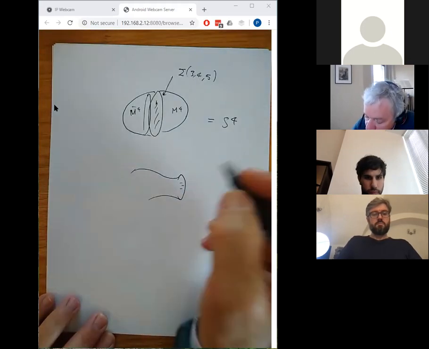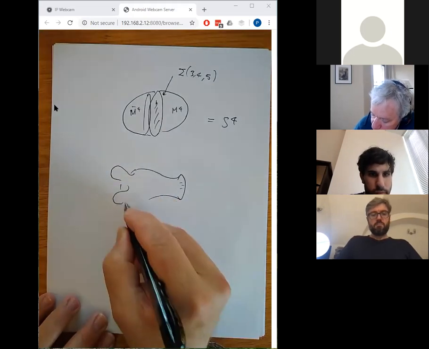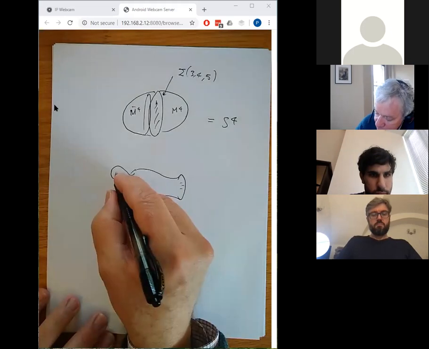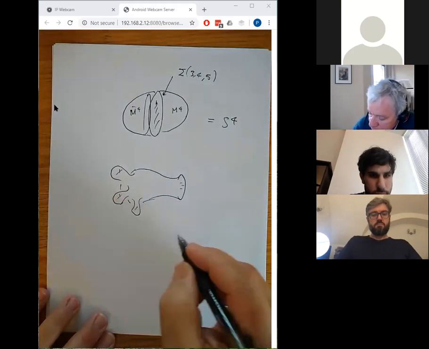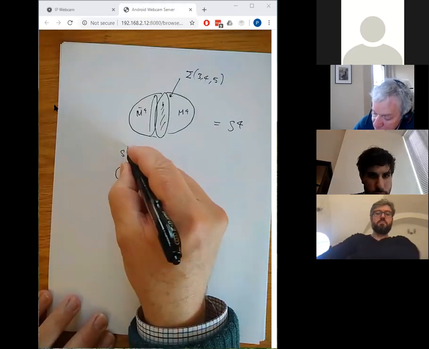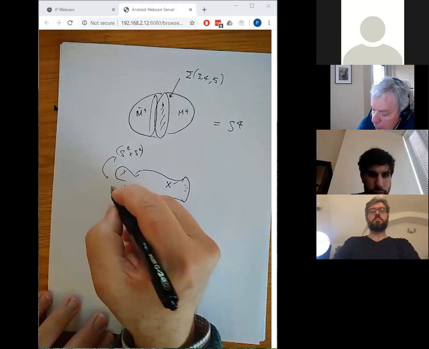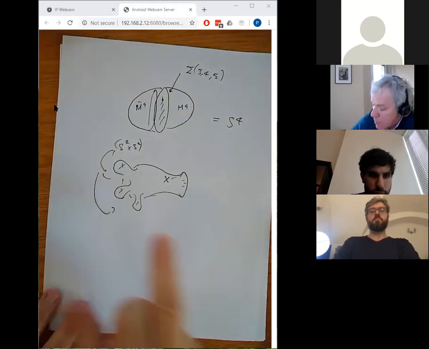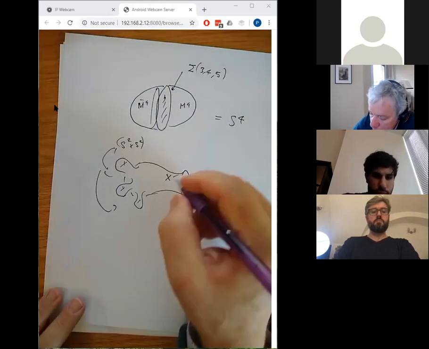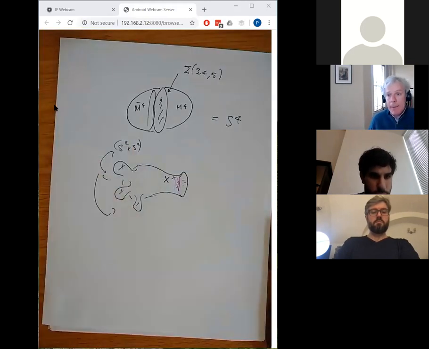Just to explain to other members of the audience, you take this manifold, remove a ball, and then connect sum with a lot of S2 times S2s, which I think is the question being asked. After doing that, can you be assured that the Dehn twist near the boundary becomes isotopic to the identity?